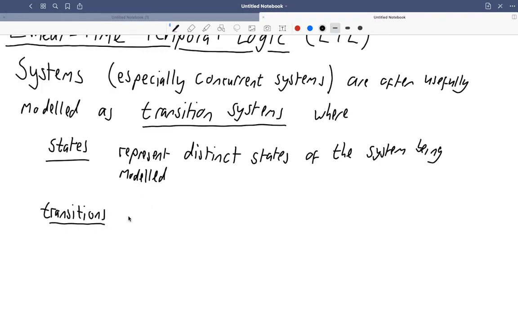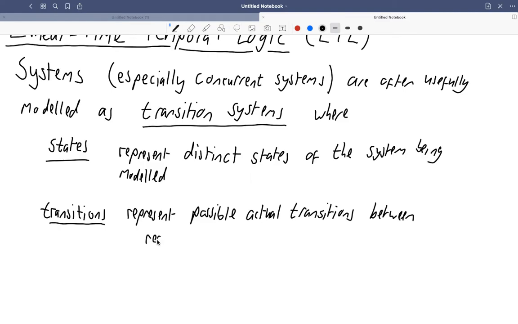So these represent possible actual transitions. That means changing states between real-world states, say.